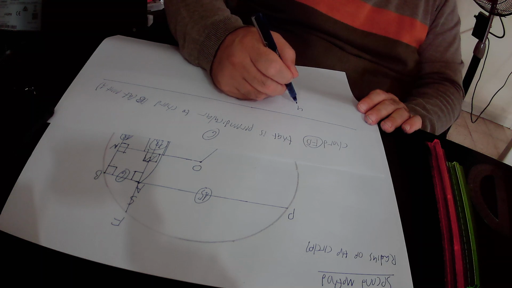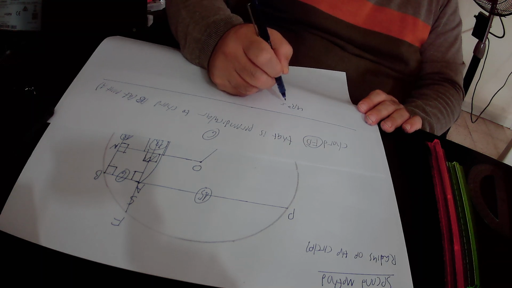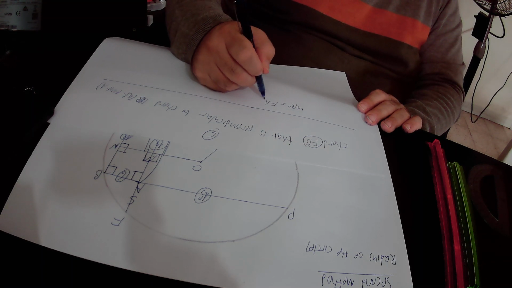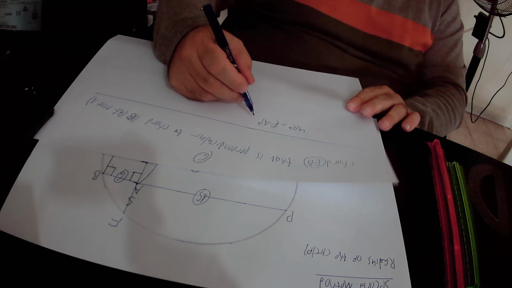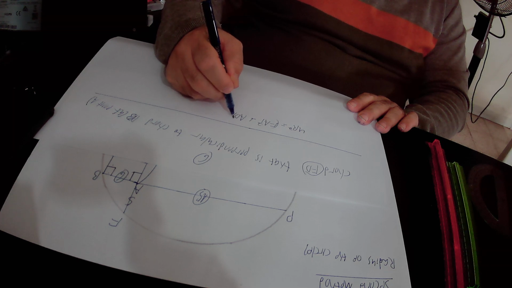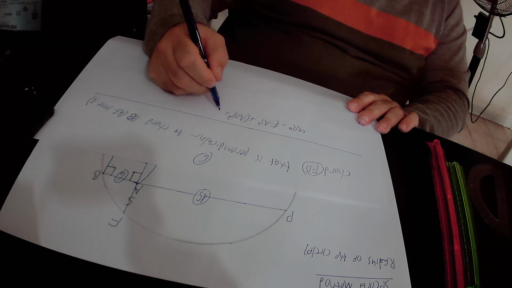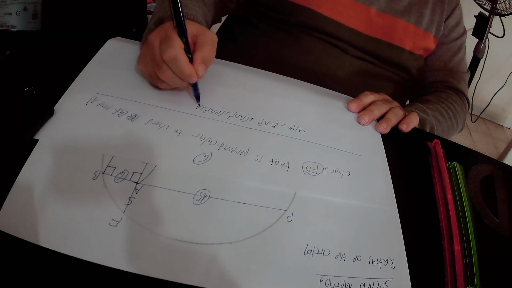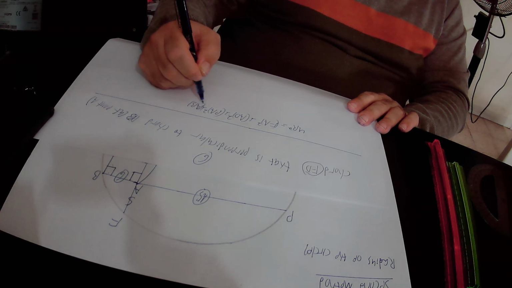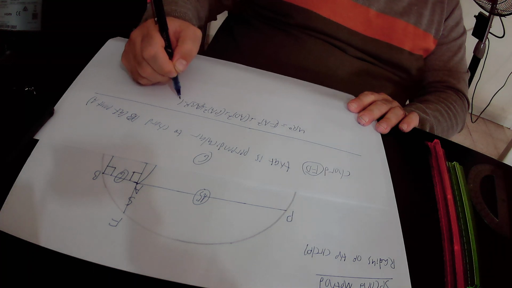4R square, again R is the radius of the circle, equals FA square plus AD square plus PA square plus AB square, according to rule number 4.